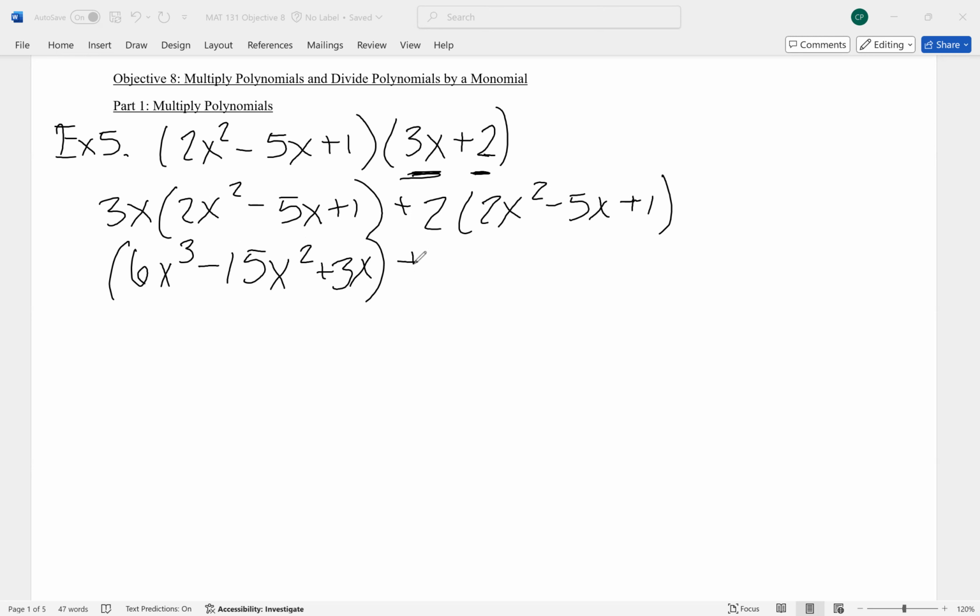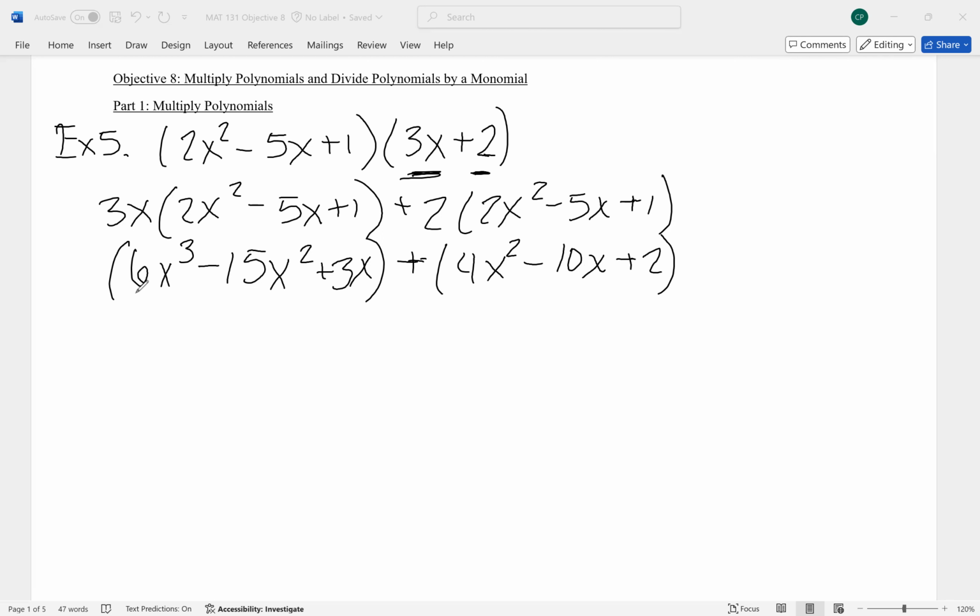When we multiply 2 by everything, we will get 4x squared minus 10x plus 2. All right. Now we have something that looks like what we talked about in Objective 7 when we were adding polynomials, okay? Since we are just adding, it's basically like we are combining like terms, okay?